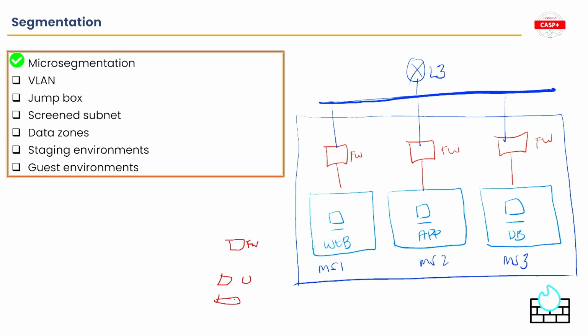If traffic goes here, that's what you call north-south traffic. While microsegmentation is software-based and is geared toward east-west data flow, or traffic between servers. So north-south, right? East-west traffic is between servers in here, right?